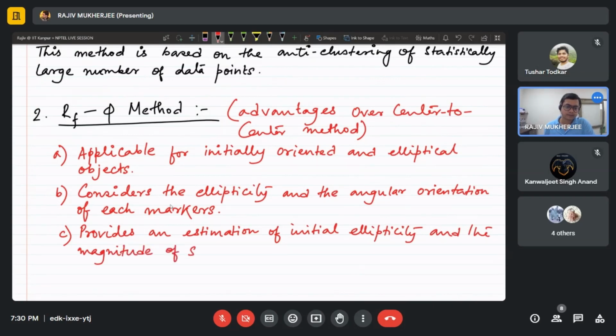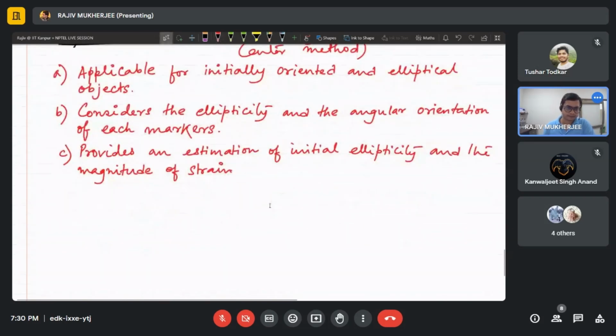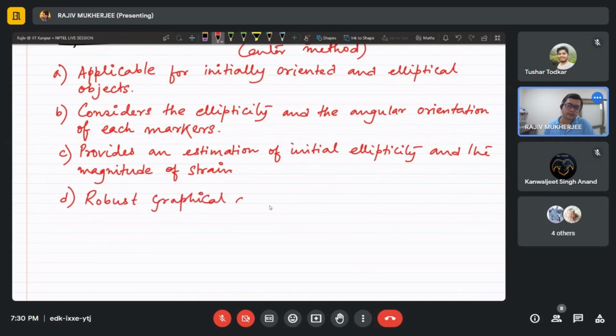And finally, this is a robust graphical method, and it produces less error. Okay, so these are the advantages of this RFI method over the center to center method.